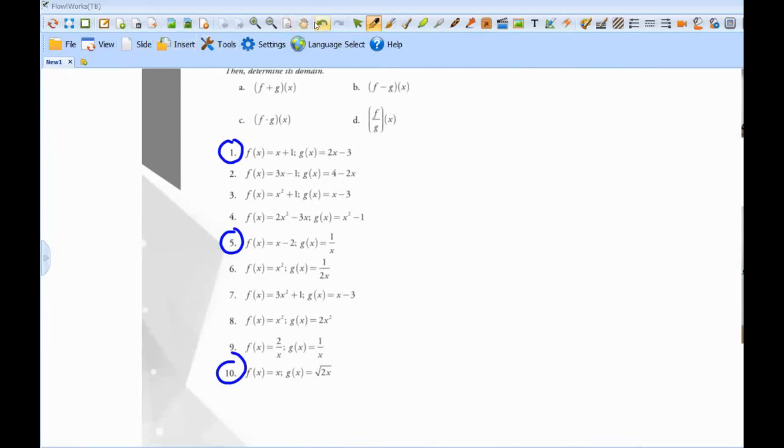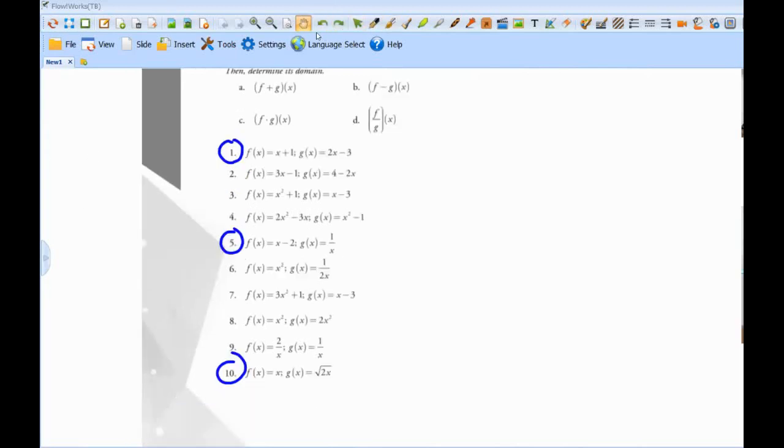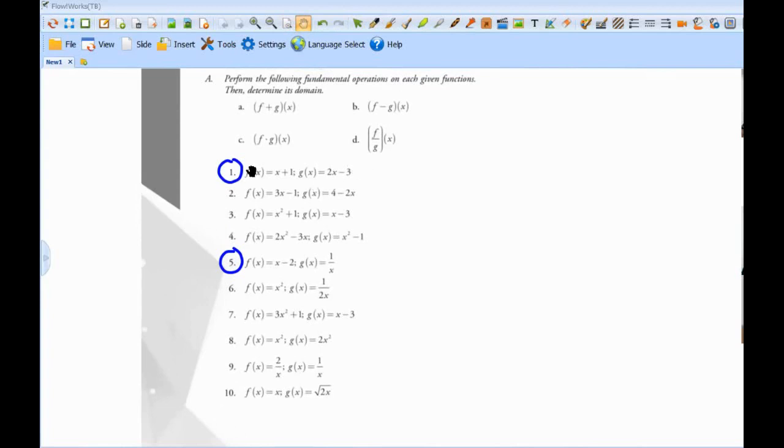But in each, there is A, B, C. Perform the following commands. A, B, C, D. 1 and 5 only. So you will be solving A, B, C, and D for each: f plus g, f minus g, f times g, f over g, and you have to state the domain.